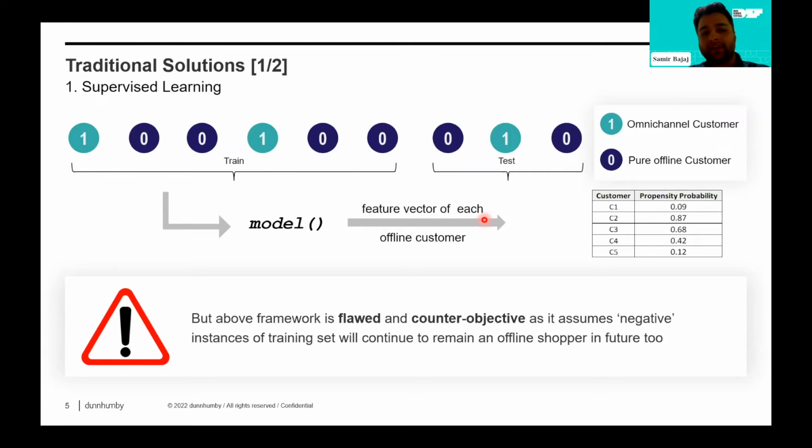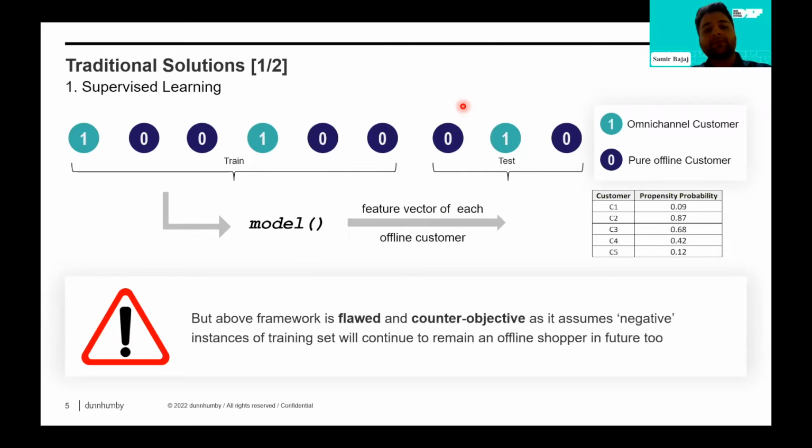And here, I would like to emphasize that let's say we create a perfect model using this train test split. And by perfect model, I mean 100% accuracy. If we apply that perfect model on, let's say, this customer, who is supposedly a pure offline customer in the train set, it would assign a probability of 0 to this customer.